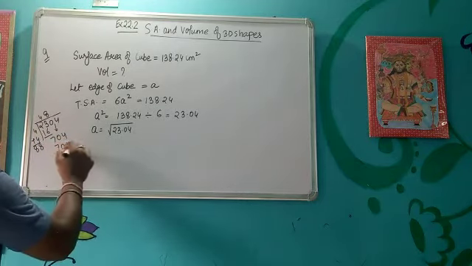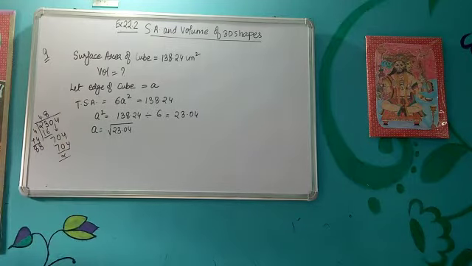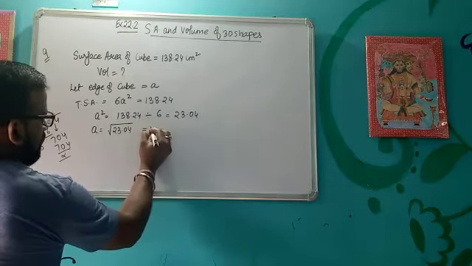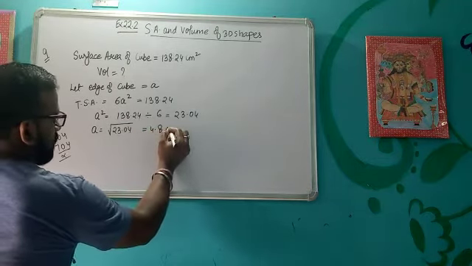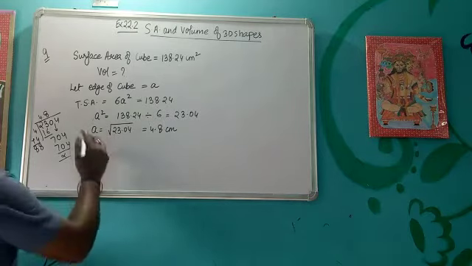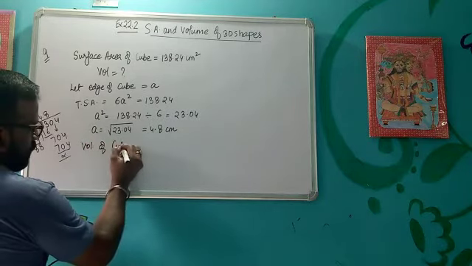So if I put the decimal, a decimal will come here. So what is the value of A? A is 4.8 centimeter. Okay. Next we have to calculate the volume of cube.